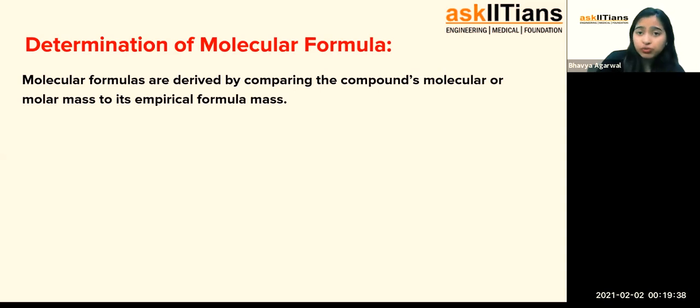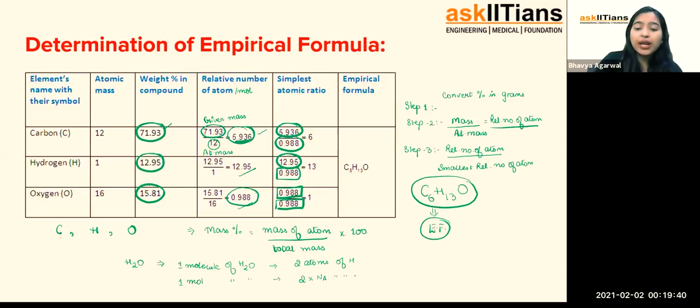In order to find that out, we need to see that whenever we find out the empirical formula, we can always calculate its mass. That is the empirical formula mass. How will I do so? I will do so by knowing the simplest ratio of atoms and multiplying with their atomic masses, just like we find out the molecular masses.